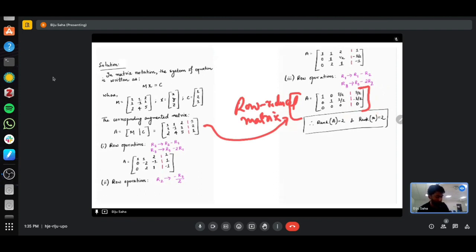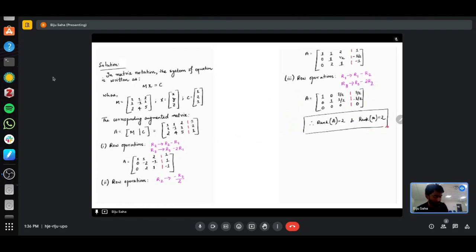And if you have to find the rank of M, you have to look only in this section. Again the rank of M is also 2 because the final row has no non-zero element. So the rank of the augmented matrix and the rank of my original matrix, that is the matrix of coefficients, are both 2.